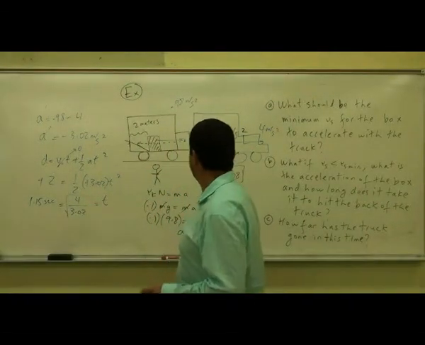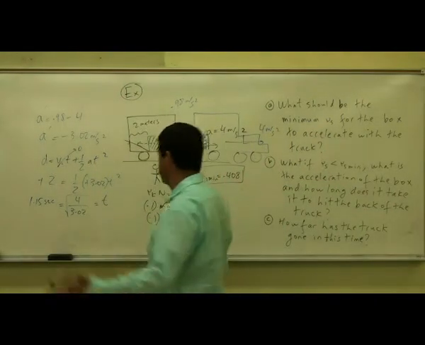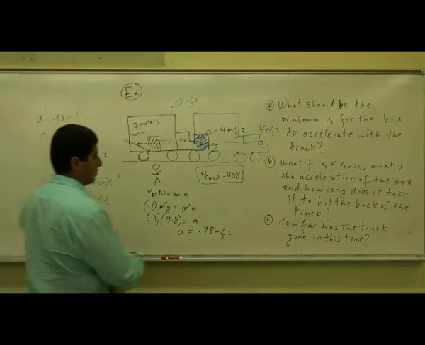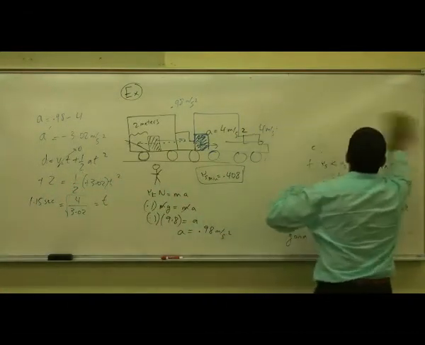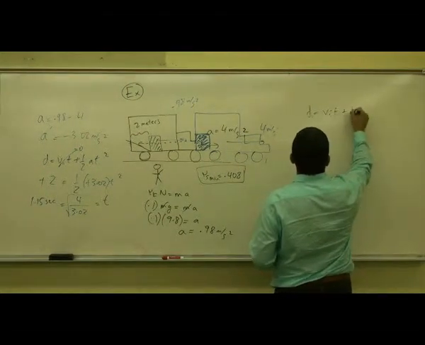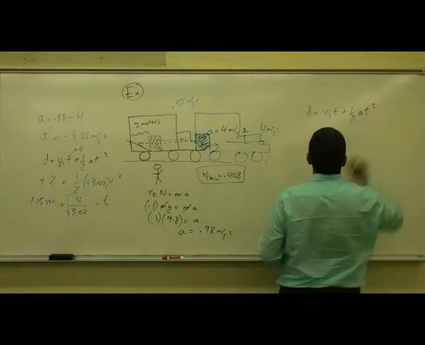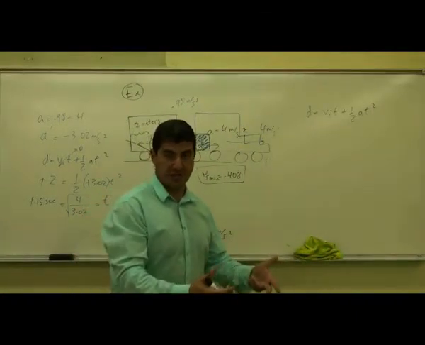Now, what's going to happen? How far is the box traveling in the meantime? Okay? So that's a pretty straightforward question. The distance of the truck is equal to v initial t plus half a t squared. So it all depends on what the initial velocity of the truck was before it started accelerating.